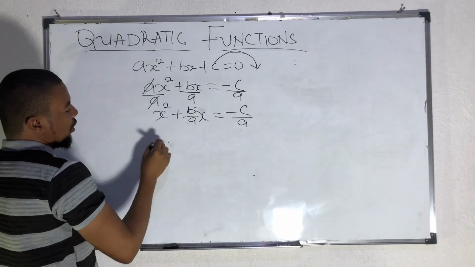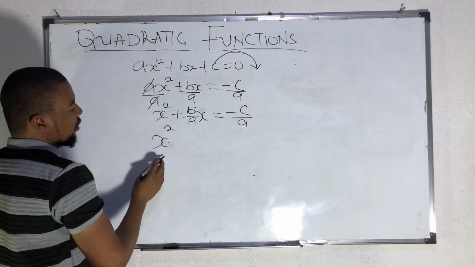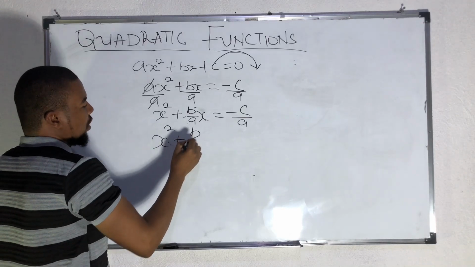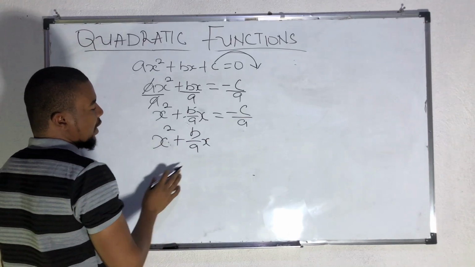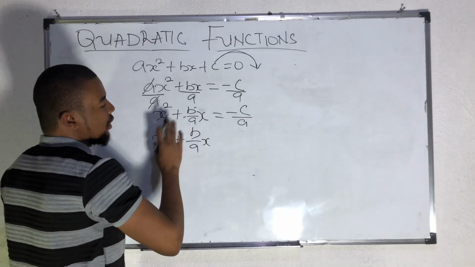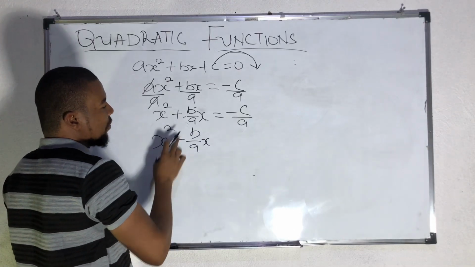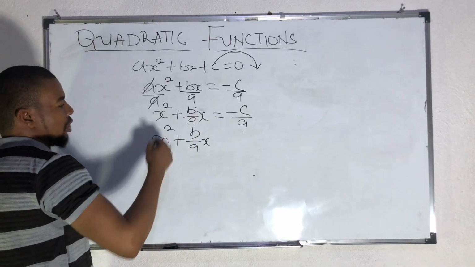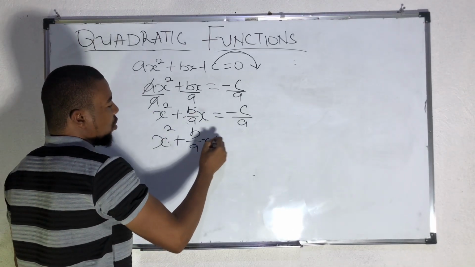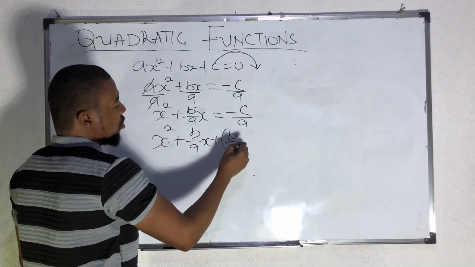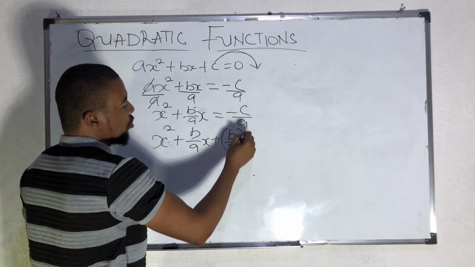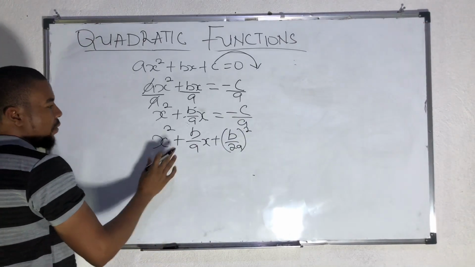Let me do that here. Here we have x squared plus b over a multiplied by x. Remember to add b over 2a, which is half of b over a, to both sides of the equation. Therefore, we have plus b over 2a. You square it and add to the left first.